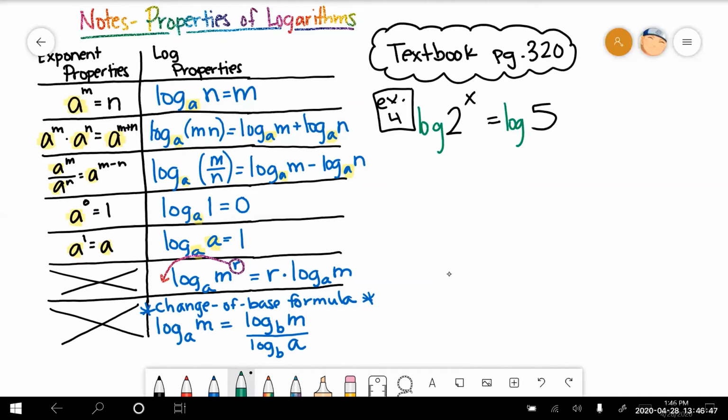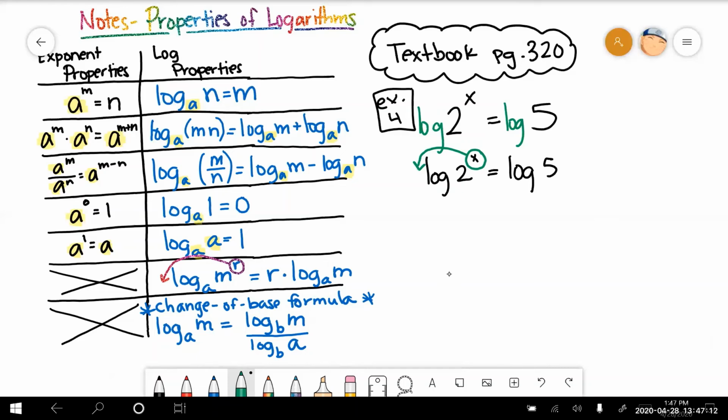So now I've got log base 10 of 2 to the x power and log base 10 of 5. Okay. And we know every time we see exponents, our goal was to get the exponent out of there.